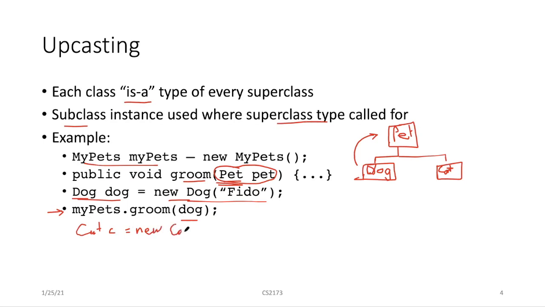so let's say I instantiate a cat. And then this would be legitimate.